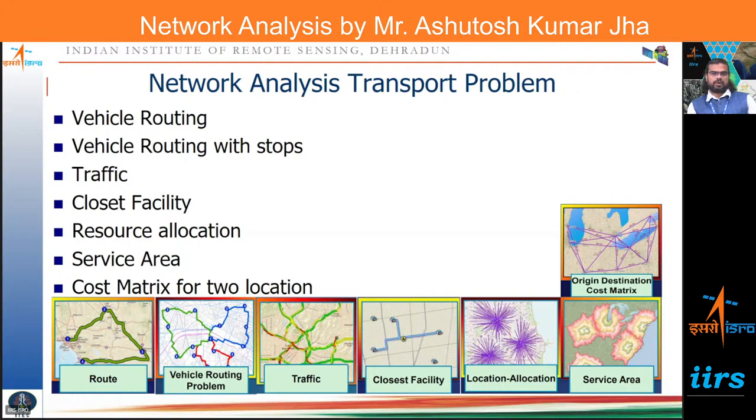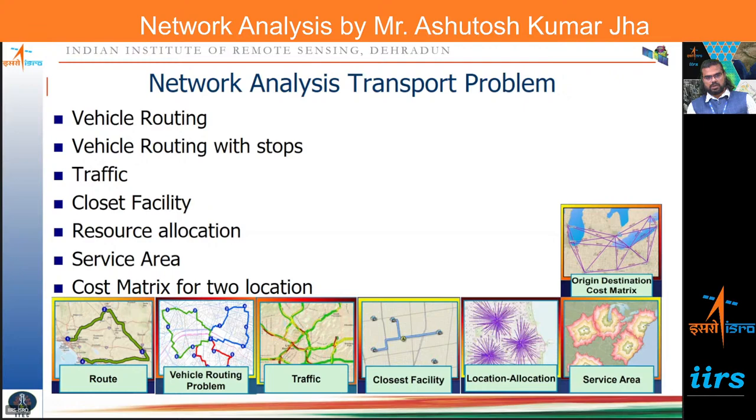If you're planning a vacation by road, you would like to have some stoppage in between where you can take rest during lunchtime, or maybe in the evening after 6 or 7 o'clock, and so on. Those kinds of additional conditions can be put in vehicle routing systems, and you get results.